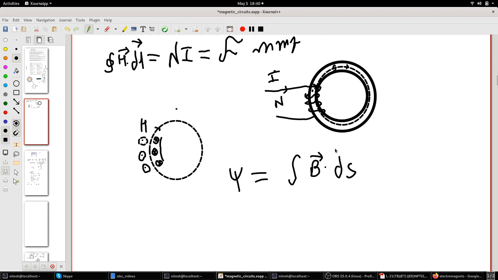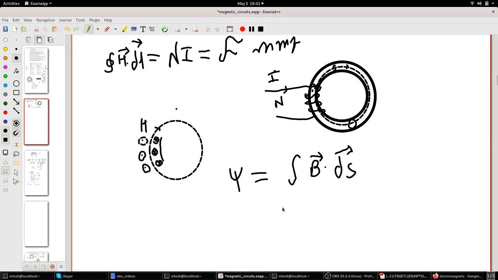This is my flux, I know that. The ds is the cross sectional area here. So you take some cross section, and the amount of B that passes through this cross section, multiplied by the area, will give you the flux.